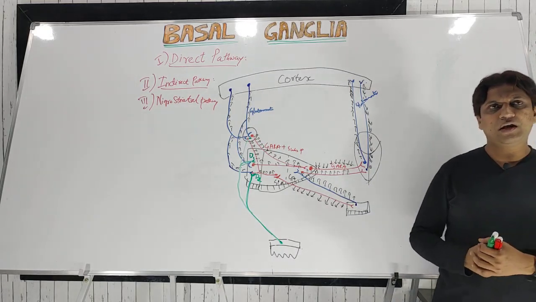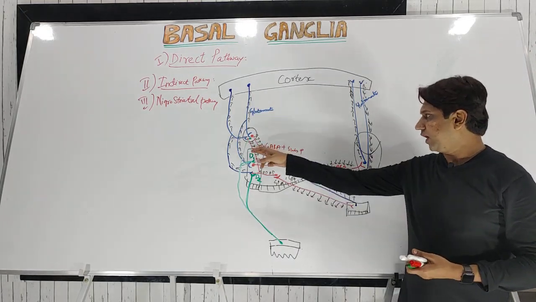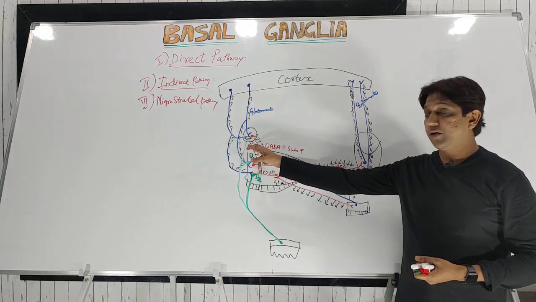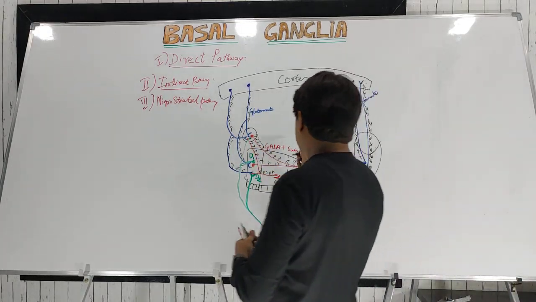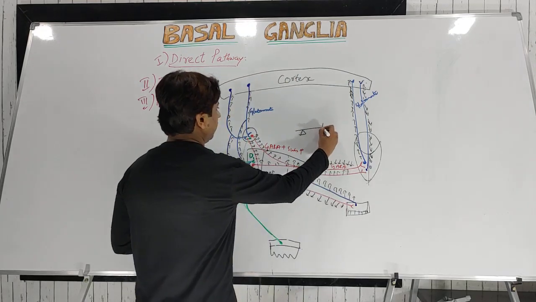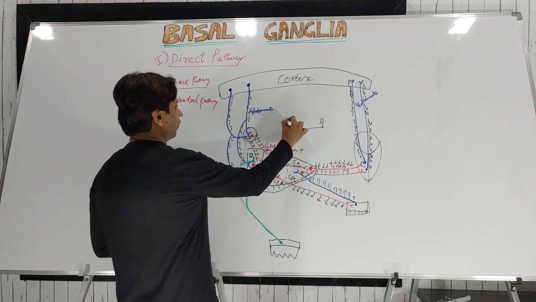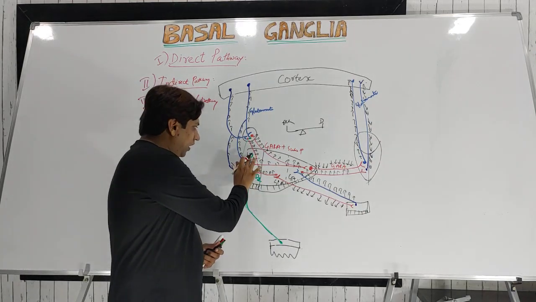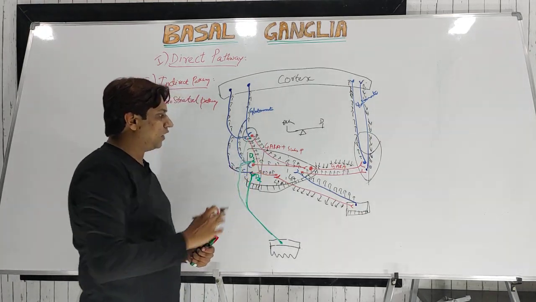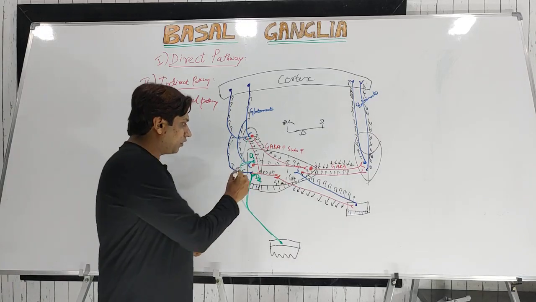Again we'll discuss that, because here mainly there is loss of dopaminergic neurons, because there is a balance between the dopamine and the acetylcholine. Here again in this pathway, these dopaminergic neurons, as I said, will stimulate the direct pathway and inhibit the indirect pathway.